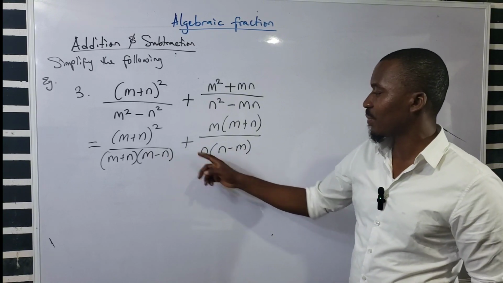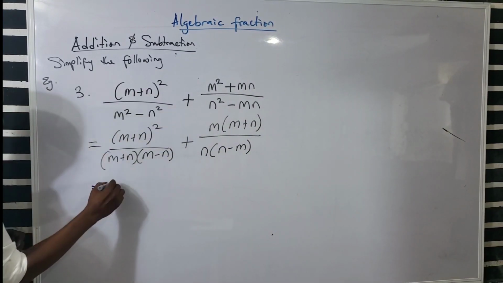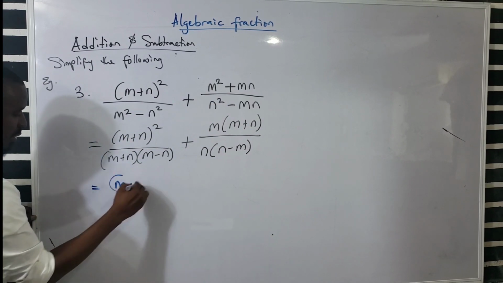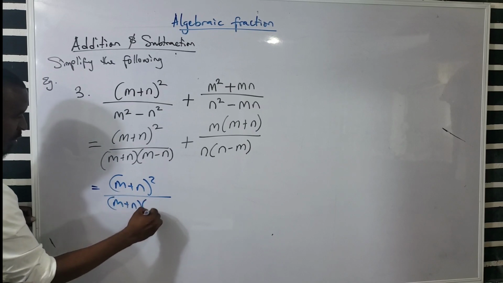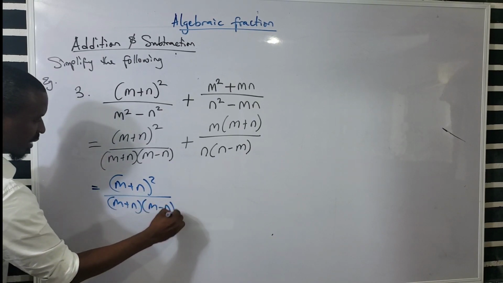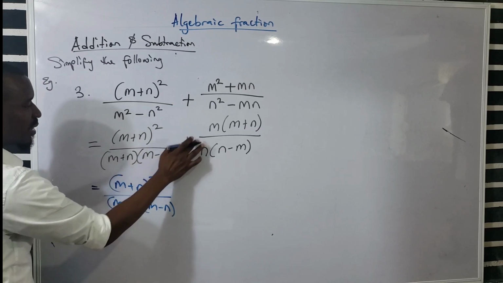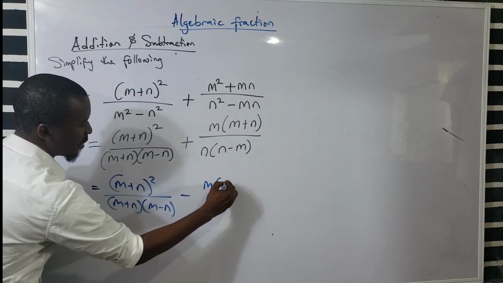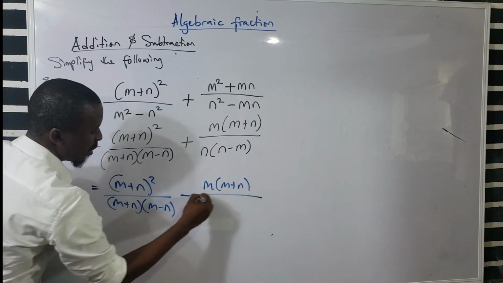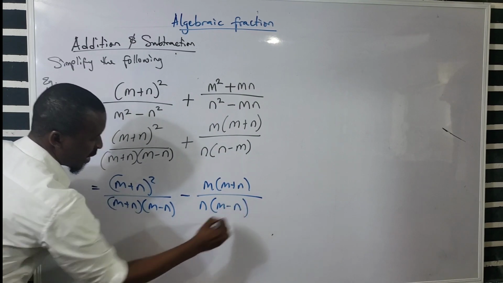So that's to bring out minus outside here. So that will give us (m plus n) all squared over (m plus n) into (m minus n). So when you bring out this minus here, that minus will change this plus. That will give you minus now into (m plus n) all over n into (m minus n).